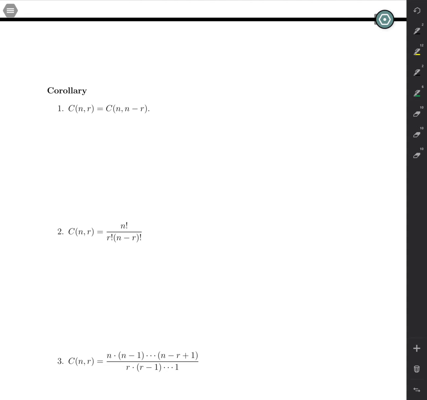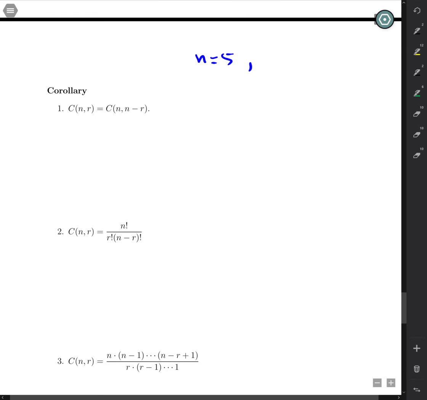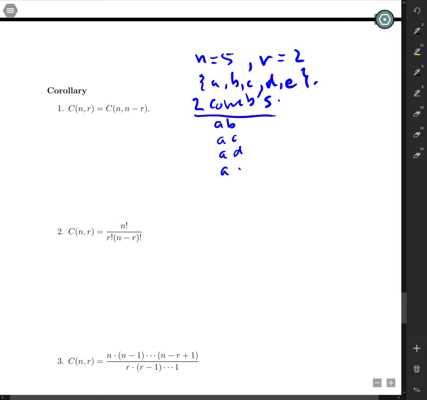So if we look at, for example, collections where n is 5 and r is 2, and use our typical A, B, C, D, now E, and write down the 2 combinations. AB, AC, AD, AE, BC, BD, and so on.